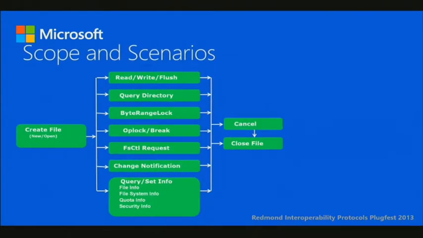Since FSA defines the model and the algorithm for file operations, we can group them based on user scenarios, such as create file, query directory of file information, and query and set file system information.